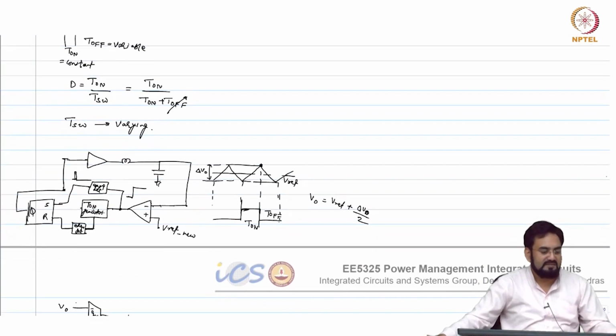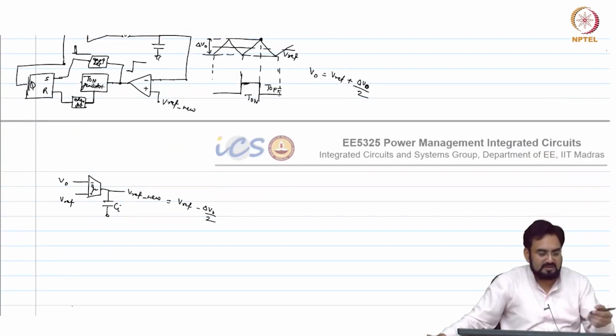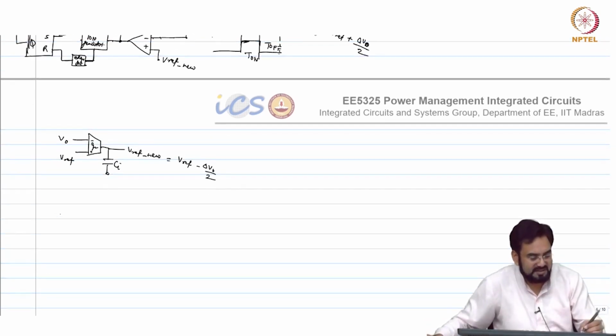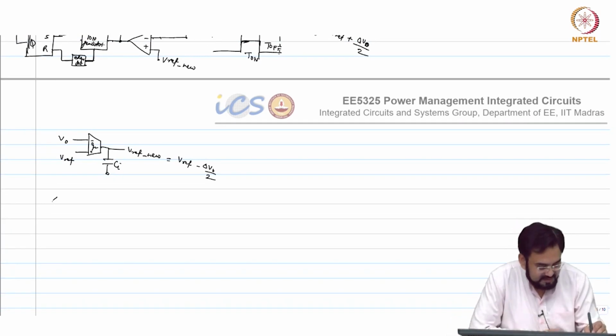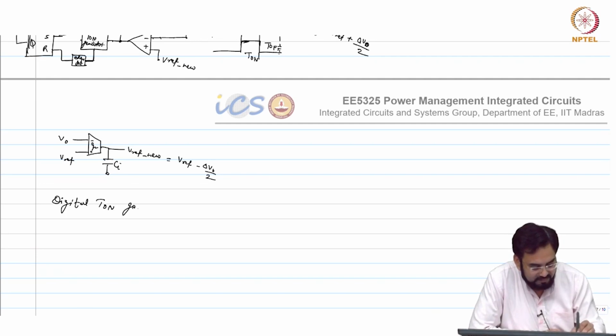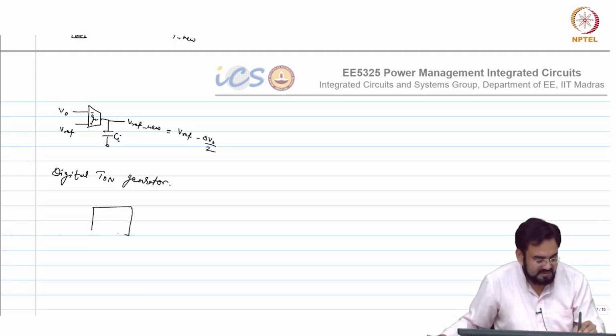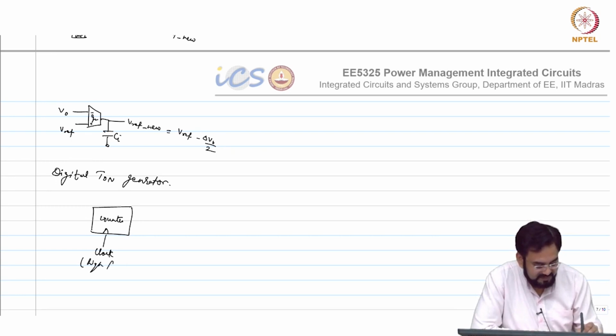Your T on generator, whether digital or analog, could be done digitally, which means you count the number of pulses of a high frequency clock. If you are doing it digitally, all you require is just a counter. This is your clock, which is high frequency.